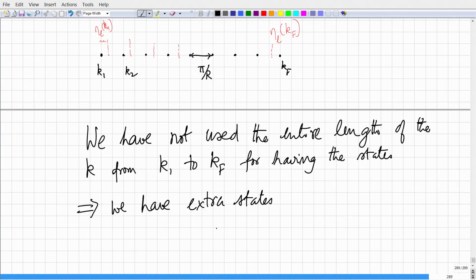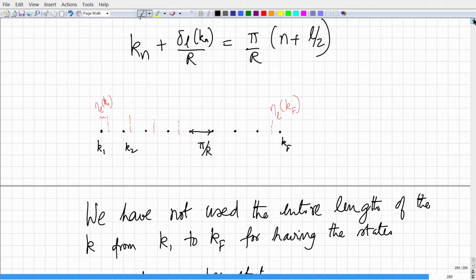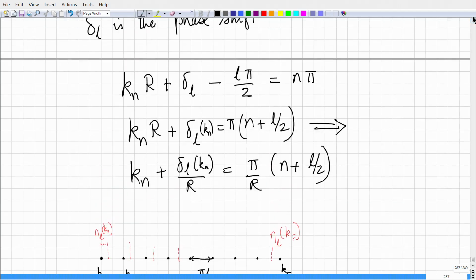Okay. So, what it actually means is the following: this implies that we have extra states given by delta K1 minus delta Kf divided by pi. So these many extra states that I have, because we have not used up the entire length, but we have some spare that is left out, which I can show you as this part.